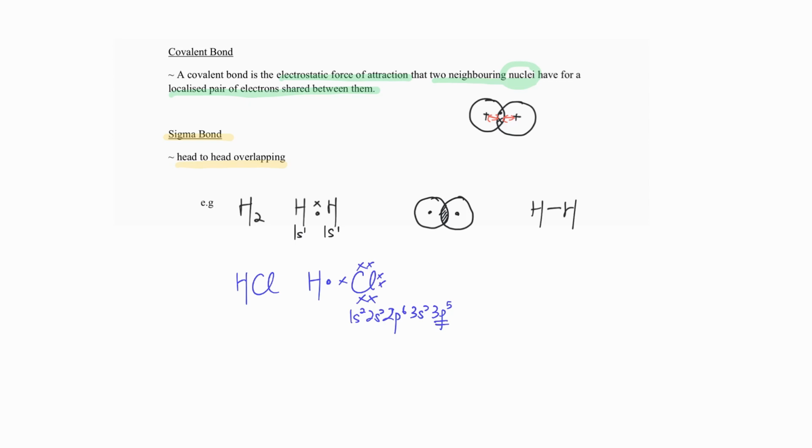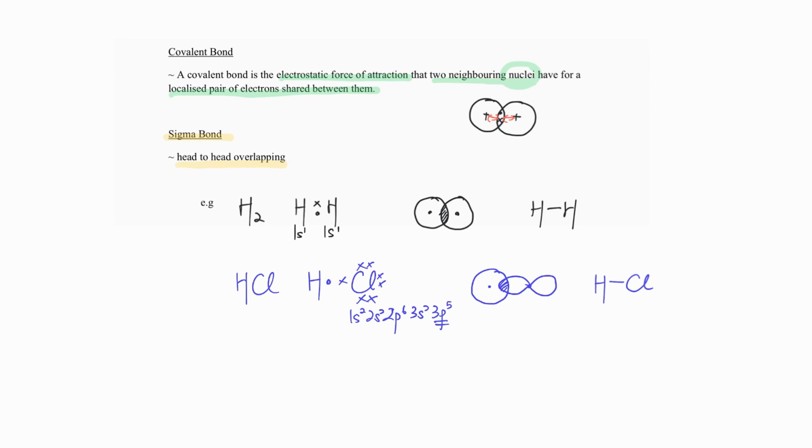So p orbital is the valence orbital of chlorine. We make use of the valence orbital in overlapping with the s orbital of hydrogen. This is the s orbital from the hydrogen atom, and we have the p orbital from the chlorine atom. These are the nuclei of them, and this overlapping is also another type of head-to-head overlapping, and we have a sigma bond between them.